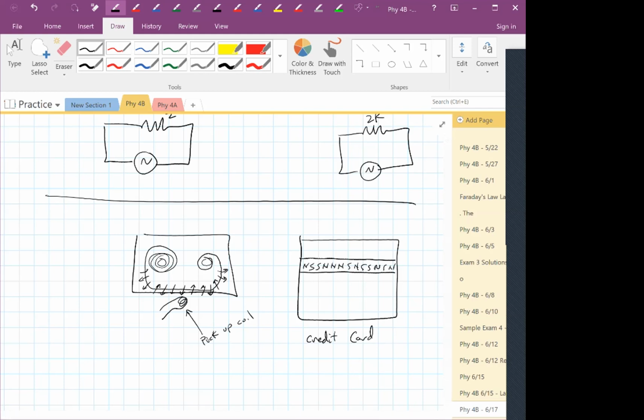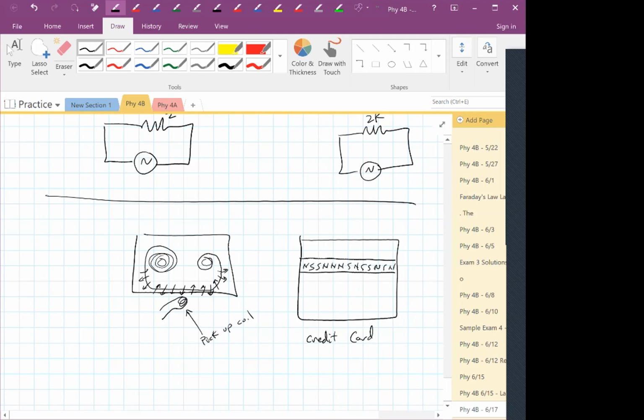But when you use your credit card, when you use the magnetic stripe, not the chip, there has to be motion. You go to the gas station, what does it say? Insert the card, and it says remove it quickly. When you go to the supermarket, you have to swipe it. There has to be motion because the pickup coil has to see a changing magnetic flux.